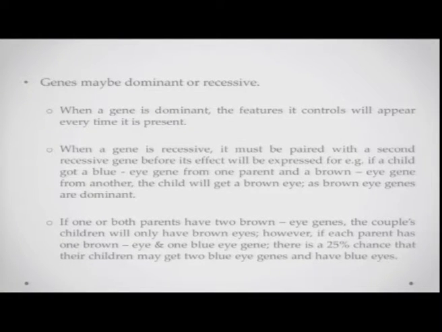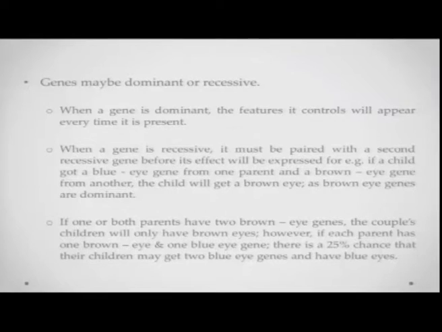A dominant gene is one that every time it appears, the features that it controls will be present every time. So that is a dominant gene. And then there is a recessive gene. A recessive gene is one that must be paired with a second recessive gene before its effect will be expressed.